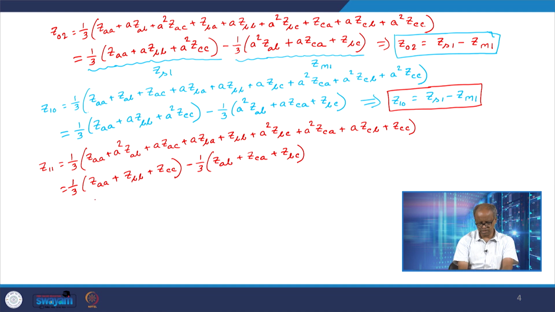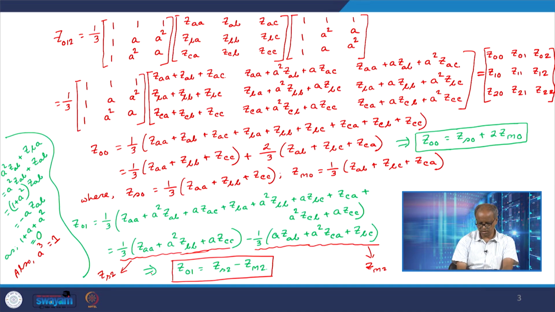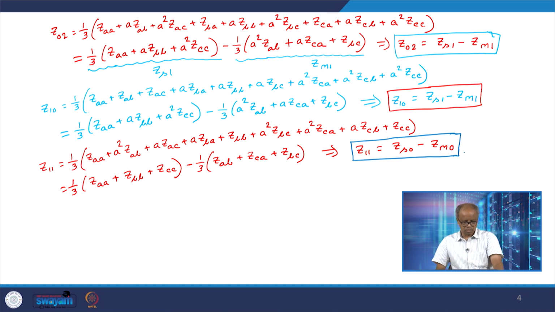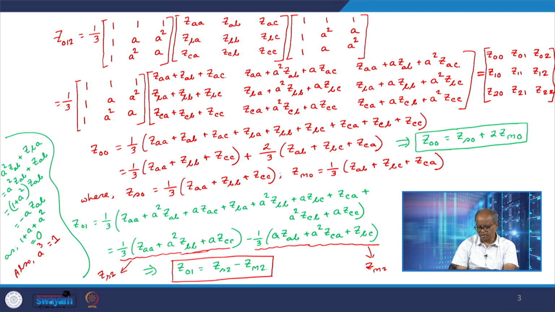So we have already seen that this is nothing but ZS0 and this is nothing but ZM0. So then therefore I can write down that Z11 is equal to ZS0 minus ZM0, right, because this quantity is ZS0 and this quantity is ZM0, that we have already defined.